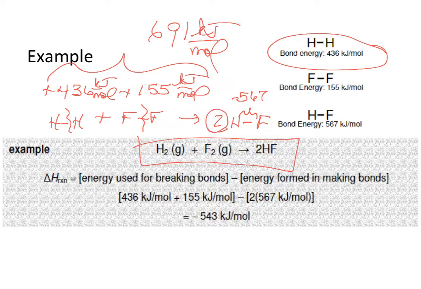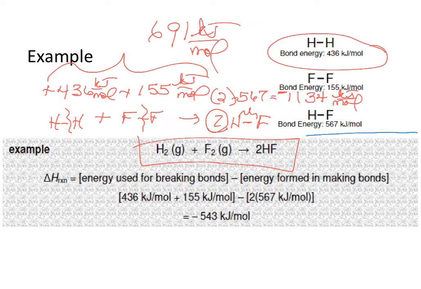There are actually 2 hydrogen-fluorine bonds that are made. So the total energy that is released from making these bonds is 1134. Don't forget your minus sign. That's probably the easiest place to make mistakes, the signs.